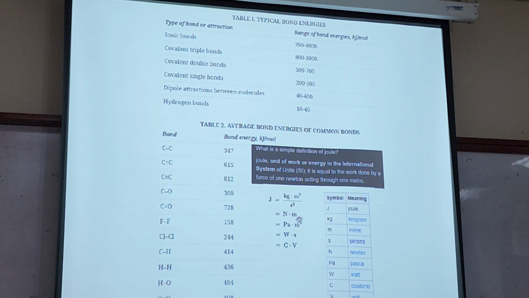And the joule itself, this is how you get it: kilogram times square meter over second squared. Right? So it is actually equal to the work done by a force of 1 Newton acting through 1 meter. So that's very complicated, right? A joule. Where else do you find joule?